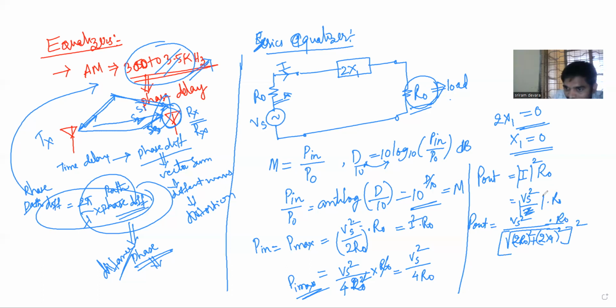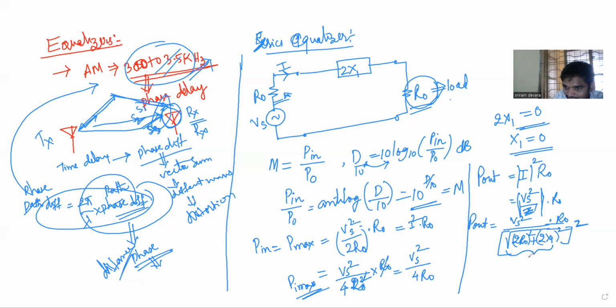See here, this value is a magnitude, the root of (2 R naught) square plus (2x1) square, and this is multiplied by R naught. And Vs square over Z square is there, na? So Vs square and Z square.